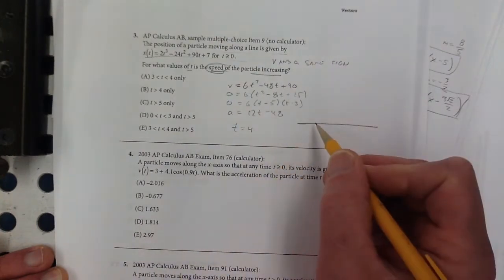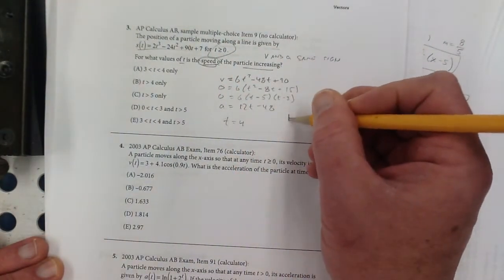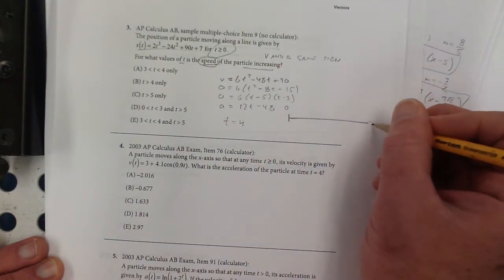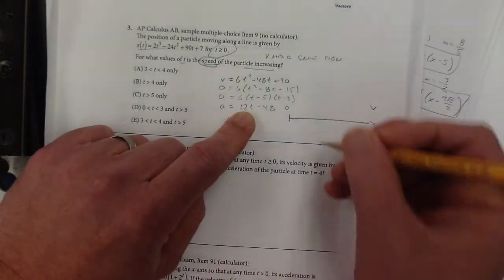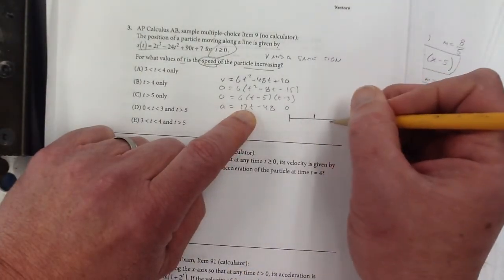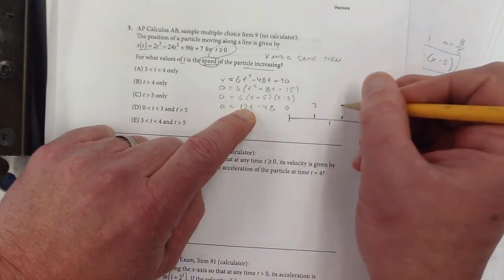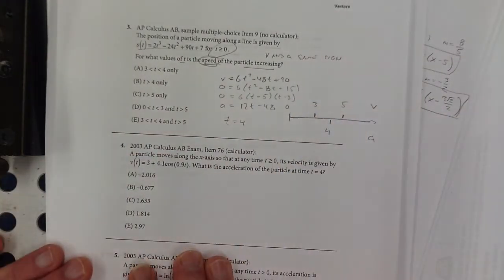So if I made a sign chart, I'm only interested in things that are bigger than 0. If I put the velocity on the top and the acceleration on the bottom, then it looks like I need 3, 4, and 5. Right? Those are the places where the signs change.